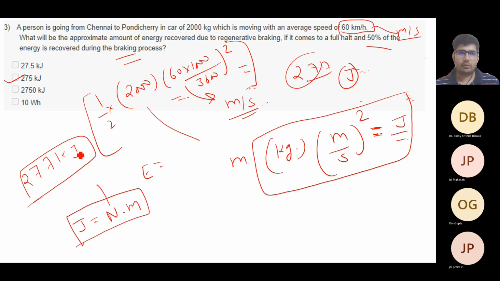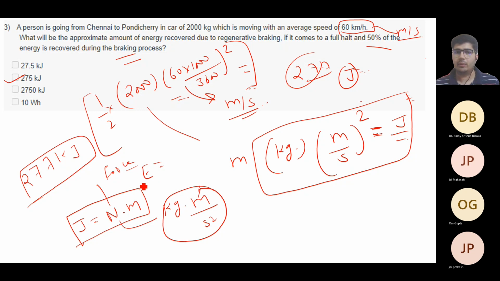Newton is the force. So in Newton, we can also put it like kg meter per second square, like he said, mass into acceleration, ma. This mass is kg, acceleration is meter per second square. So now see here, it will become kg meter per second square into meter.